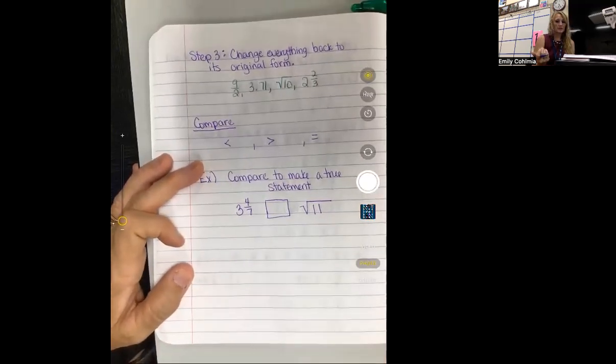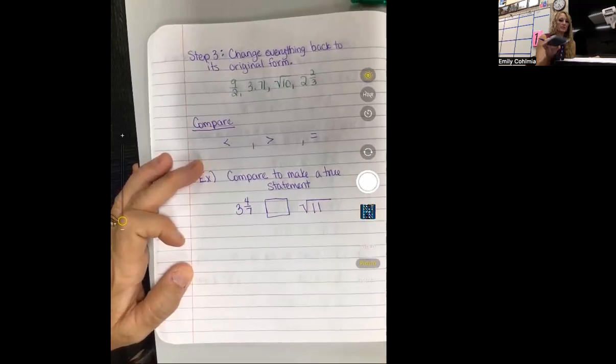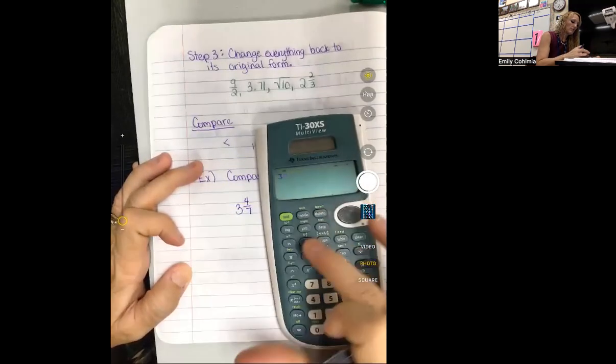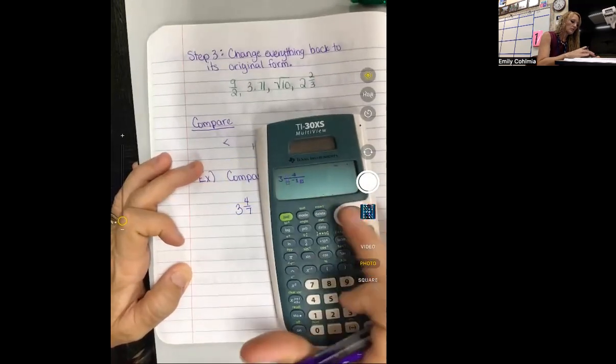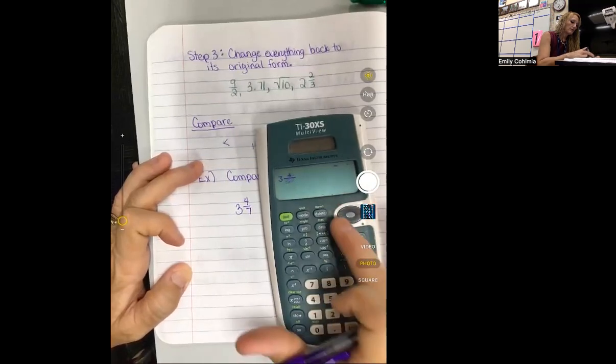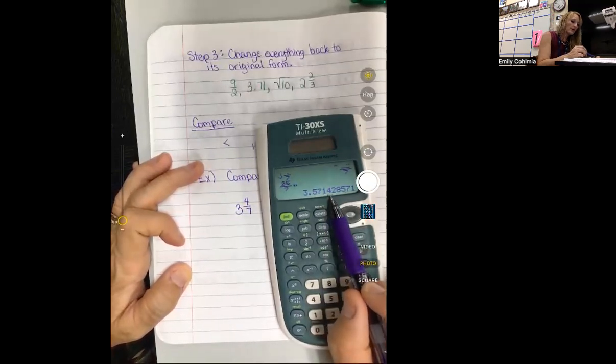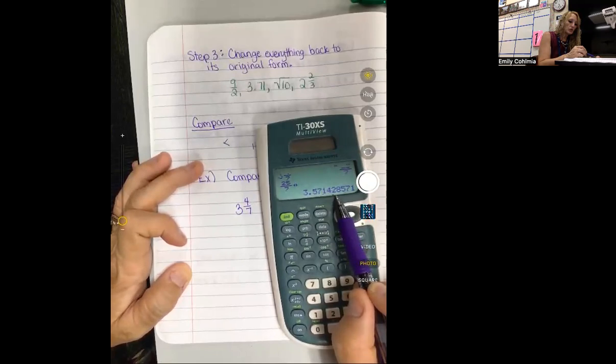So the steps are the same. We're going to change these to decimal places. So again, we're going to go 3 4/7, and we're going to change it to a decimal. We're going to round to 4 places. So 1, 2, 3, 4. Look at the number after, it's a 2.